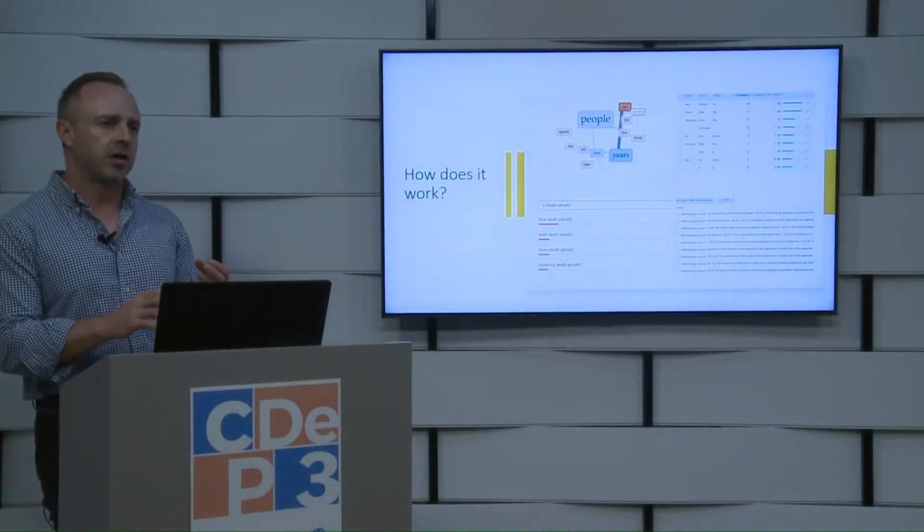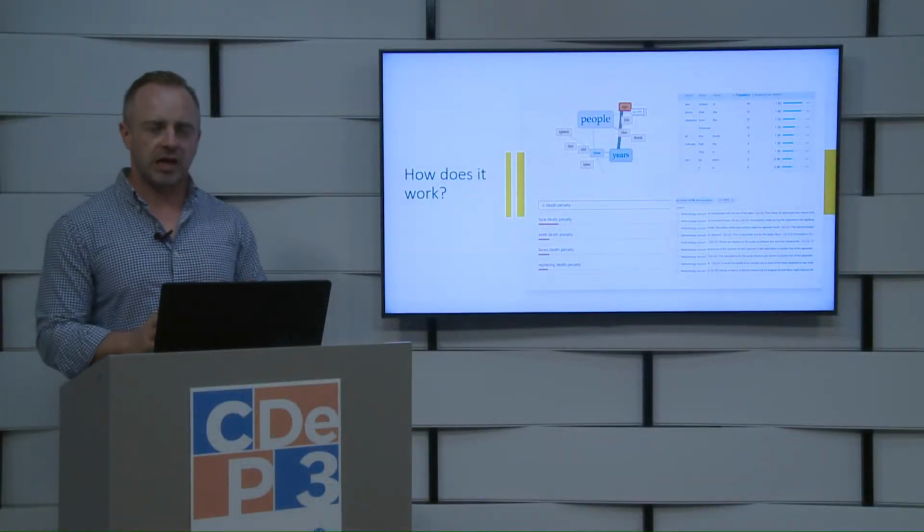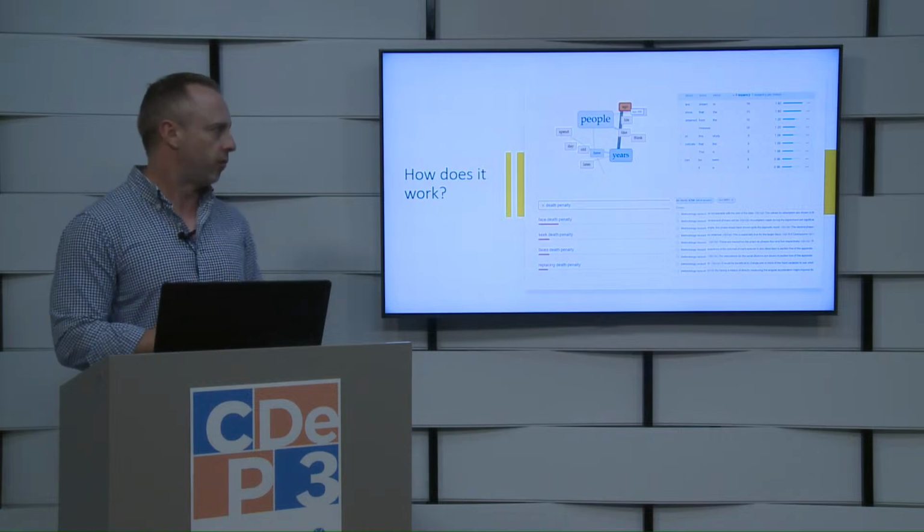We can also use corpus tools to make searches by part of speech, so we can search for all verbs, all nouns and adjectives, and combinations of these, and it's an incredibly powerful tool.